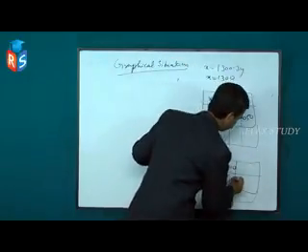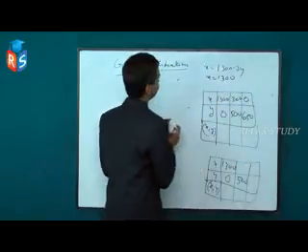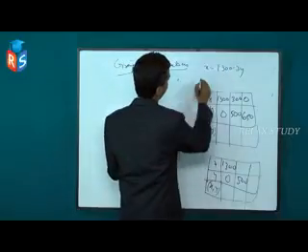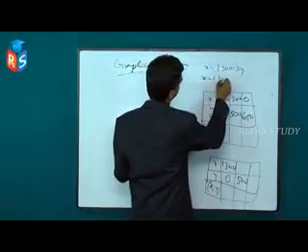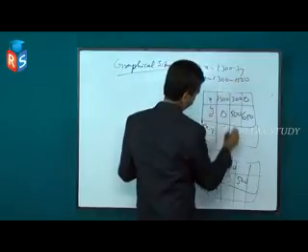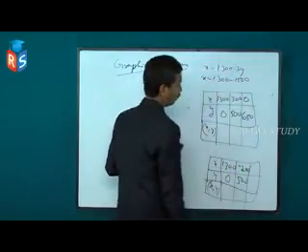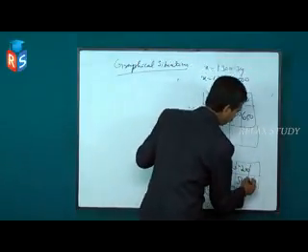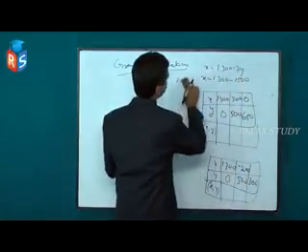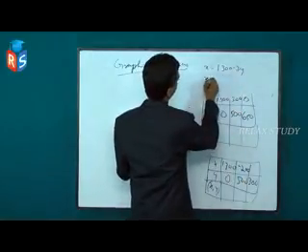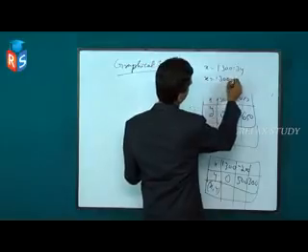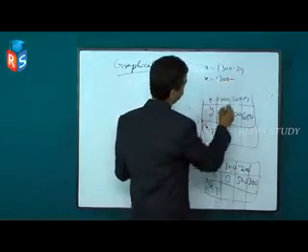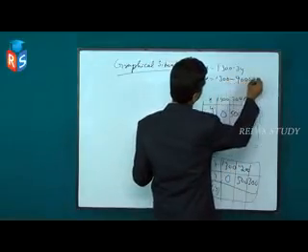If I put y equals 500, then x equals minus 200. When I put y equals 300, x equals 400.